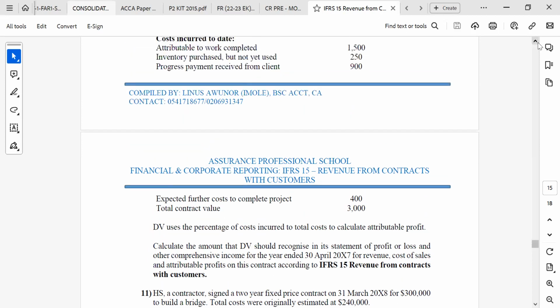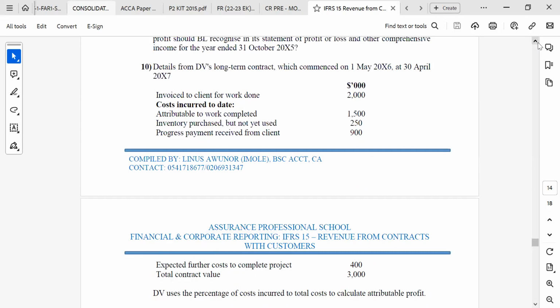So let's now come here. What is the contract price? 3,000. Okay, that is very nice. So the total contract value is 3,000.